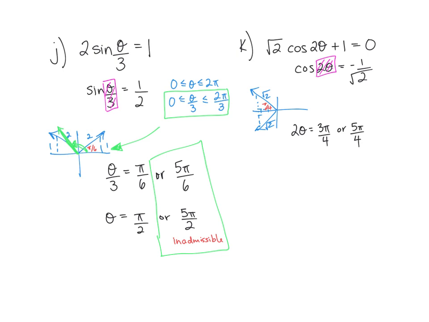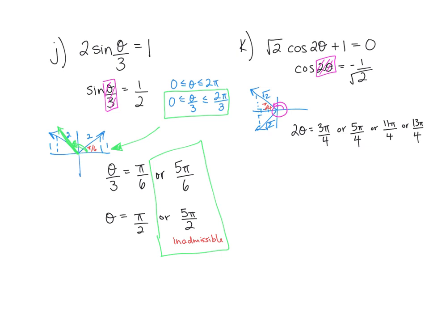But since I have a double angle, I am going to go through a double rotation. So now, again, I'm hoping you'll notice I'm just adding 2 pi. And since 2 pi can be written as 8 pi by 4, really I'm just adding 8 pi by 4 to each of these. So I'm going to have 11 pi by 4 or 13 pi by 4.